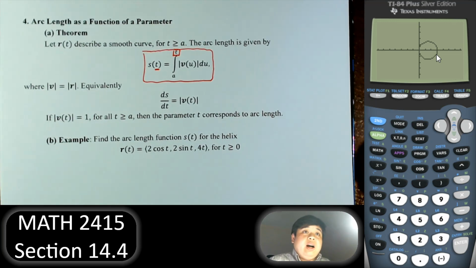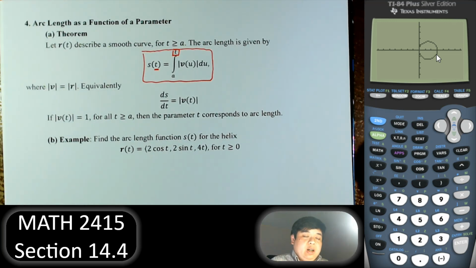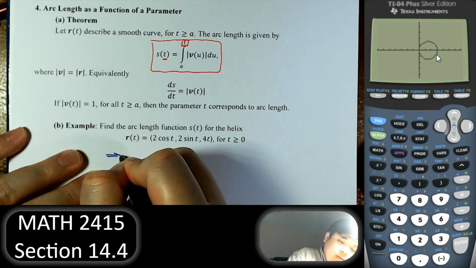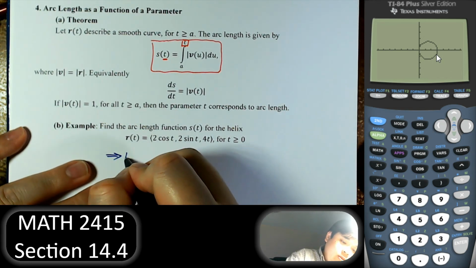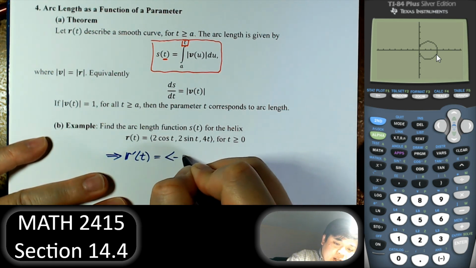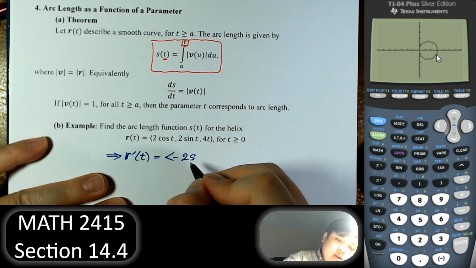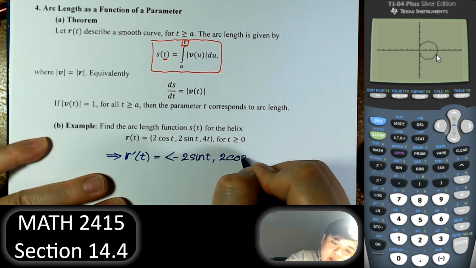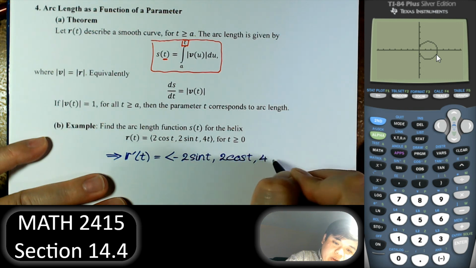We still find the velocity, or take the derivative, and then find the magnitude. So here we take the derivative: negative 2 sine, 2 cosine, and then 4.